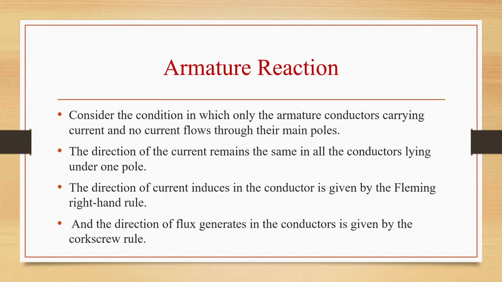Whenever you stretch the thumb, forefinger and middle finger of your right hand such that all three are perpendicular to each other, the thumb represents the motion of the conductor, the forefinger represents the direction of magnetic field, and the middle finger represents the direction of current or EMF. And the direction of flux generated by the conductors is given by the corkscrew rule.